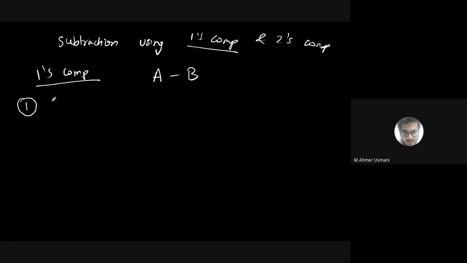So the first thing we do is take one's complement of B. Taking the complement of any digit, it will become negative, naturally. So B का complement is nothing but minus B. Okay, is that clear? Yes, sir.